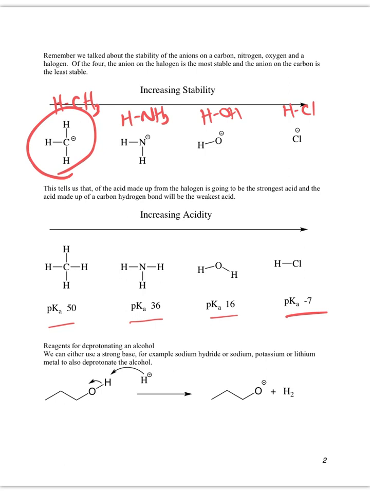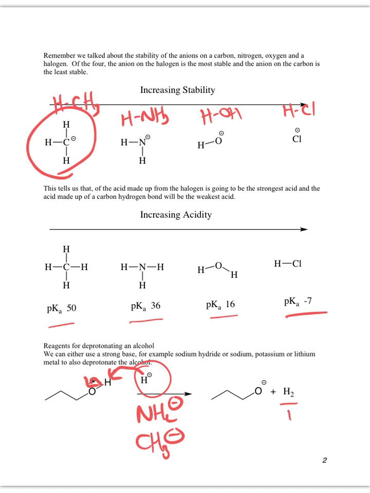So the reagents for deprotonating alcohol, one of the best ones is the hydride ion, H-, because we can have the hydrogen go grab the hydrogen of the alcohol, send the electrons to the oxygen, and we get hydrogen gas, which is going to bubble out of solution and be gone. For this, we could use NH2- or CH3- because they are also strong enough bases to pull off the hydrogen.